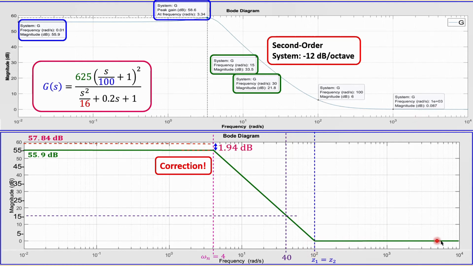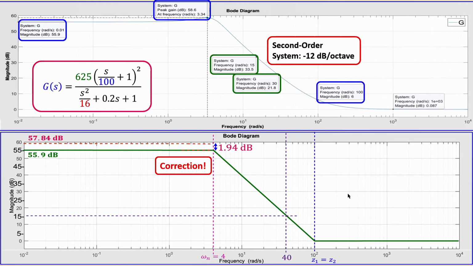And you can also see that here in our plot. So that's a nice confirmation of our drawing and our simulation result. Of course, the gain peaking is a little bit higher than what we have estimated, but that is due to the zero we have here, and because it is not a pure second order system.